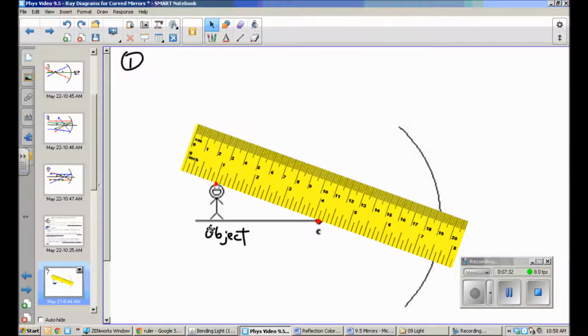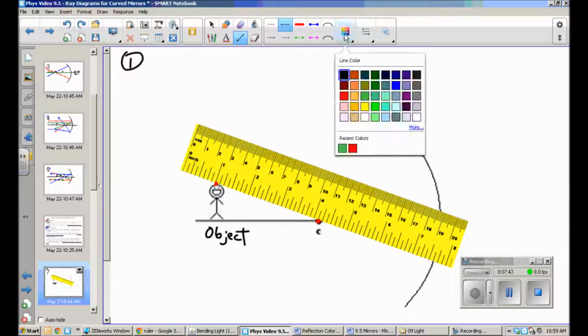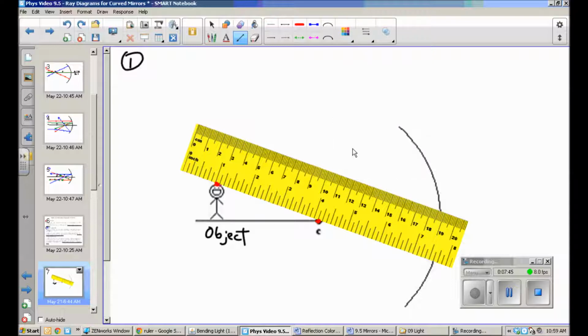It's passing through the center. So I'm going to draw a beam of light. Let's see, line up the ruler with the top of the object in the center. Check. Reading from the sheet, then draw a beam from the top of the object to the mirror. So here's my beam that's going to go from the top of the object to the mirror. Just like that. The reflected ray goes right back the way it came from.